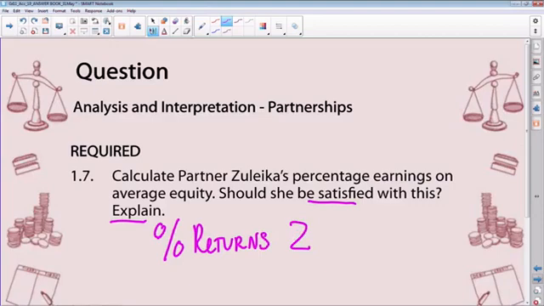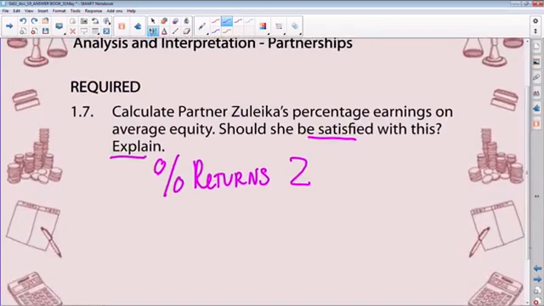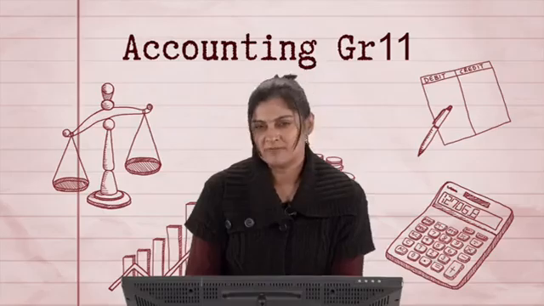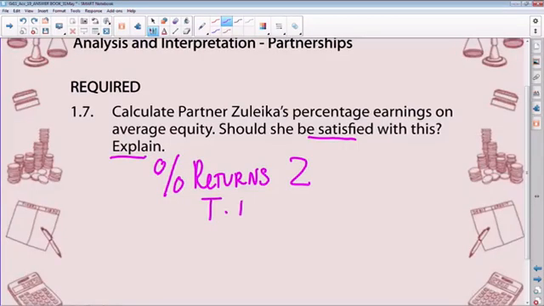What I'm going to do is put up the formula for you guys, and then go back to the information sheet, give you maybe a minute, maybe two, and I want you to do this calculation for me. So how do I do this calculation? I take my total earnings from the previous question and divide this by average owner's equity, partner Zuleika.